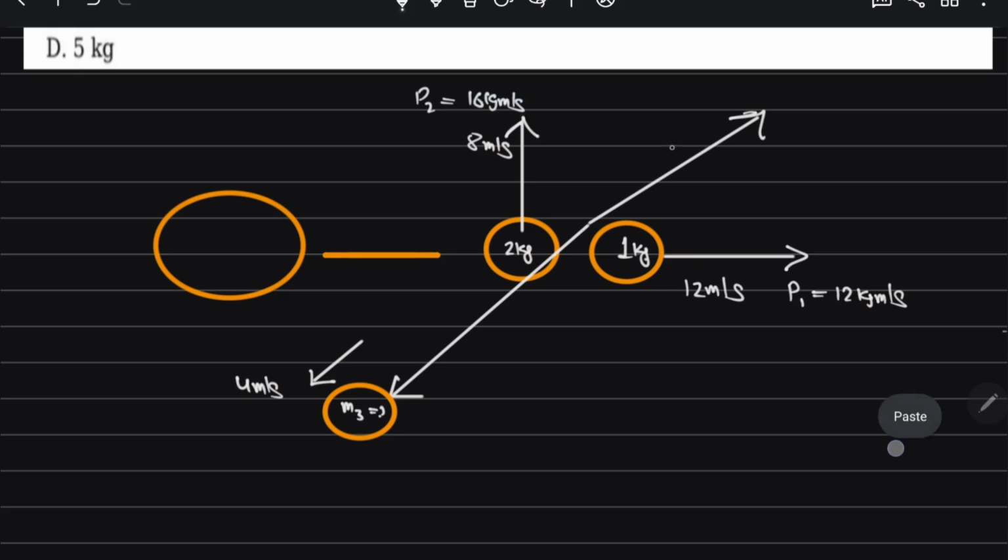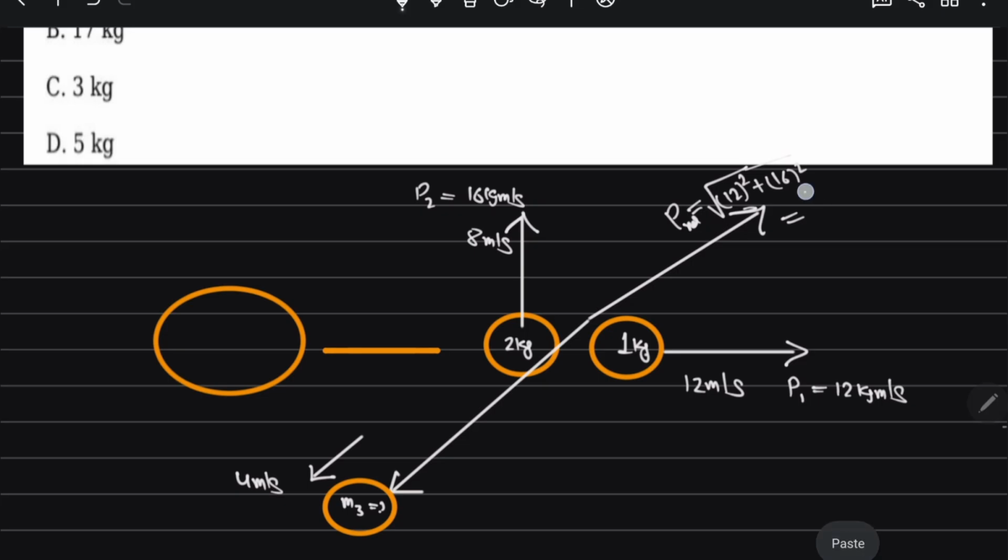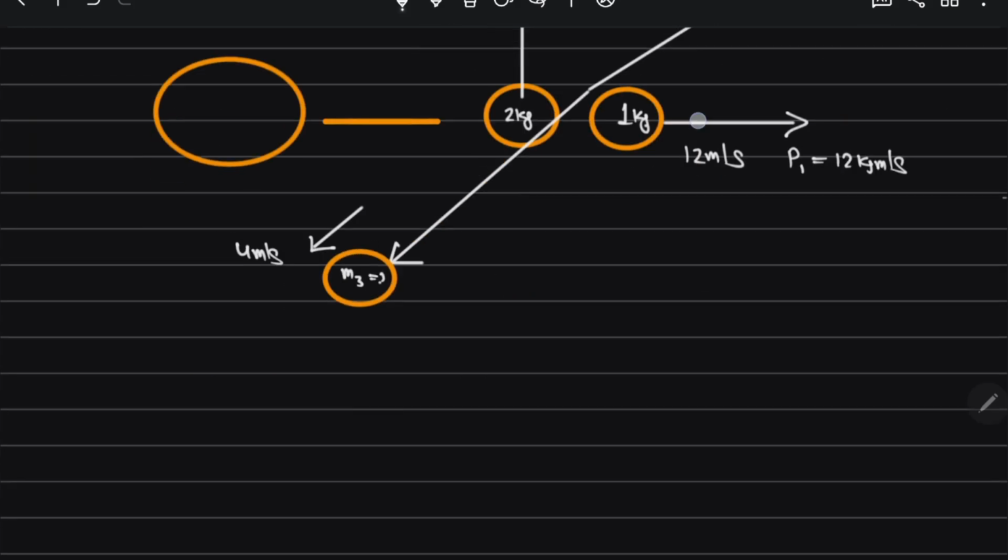So P net comes out to be the square root of 12 square plus 16 square, which is root 400. So this comes out to be 20 kg meter per second.